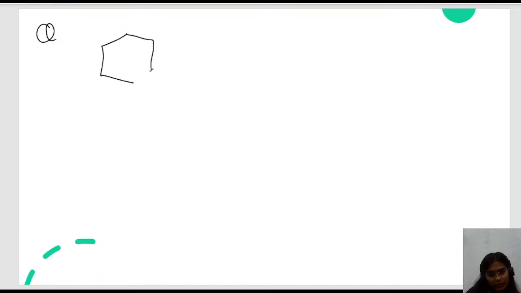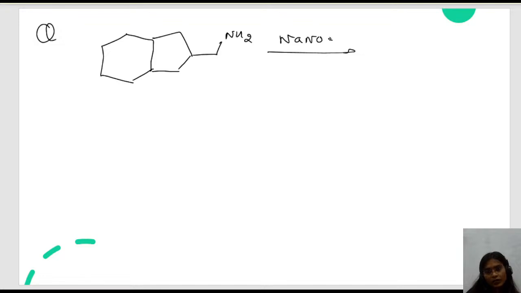I'm repeating again, the major product for this given thing you have to identify. In this case, I'm using NaNO2 and aqueous HCl, and then the temperature is 0 to 5 degrees Celsius. So identify the major product.